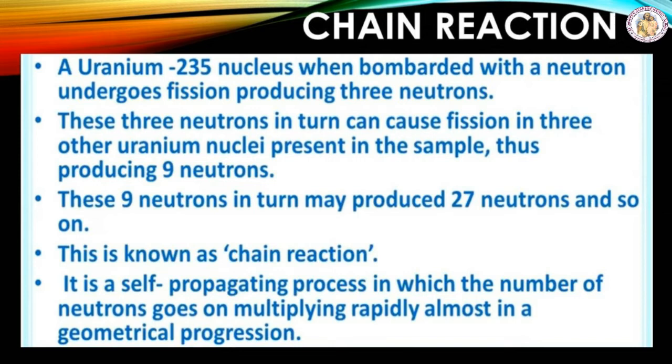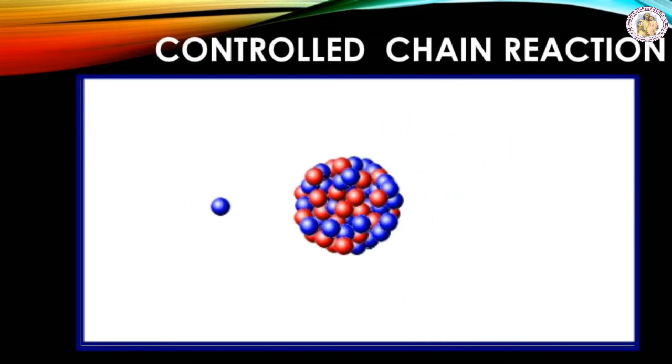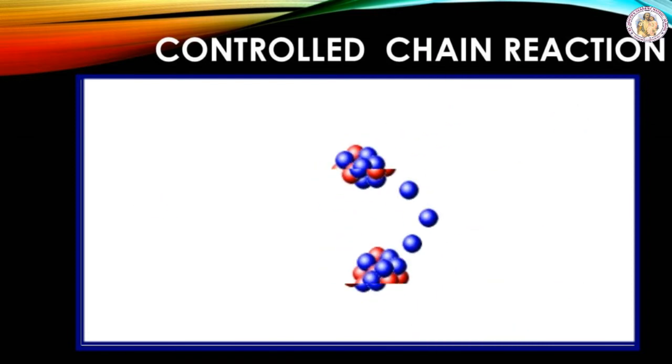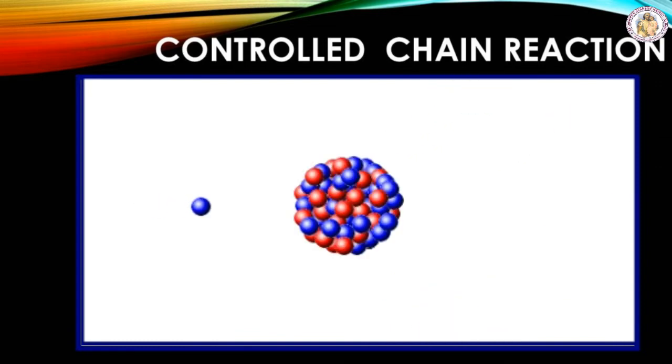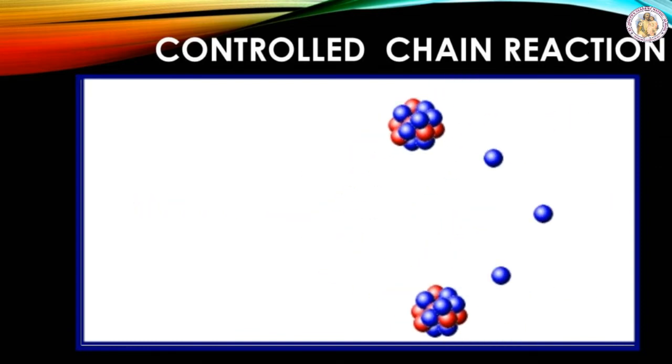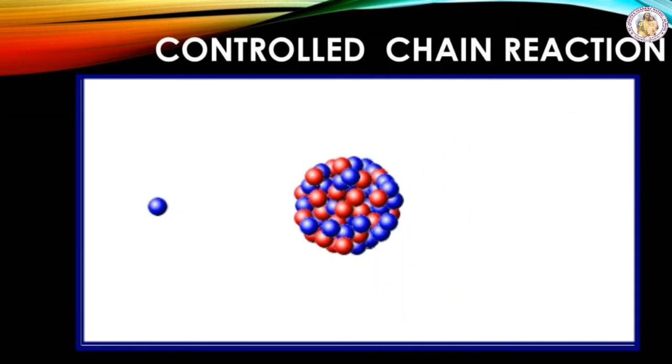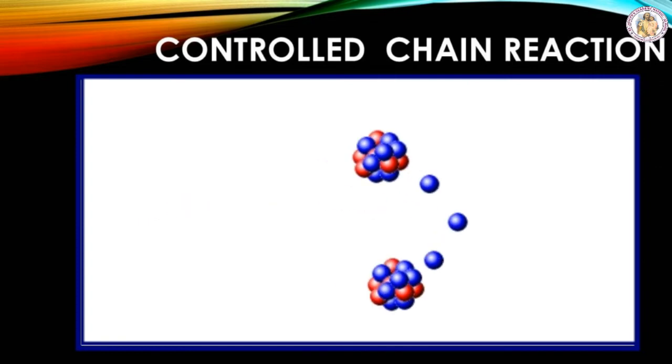It is a self-propagating process in which the number of neutrons goes on multiplying rapidly, almost in a geometrical progression. Controlled chain reaction: in a controlled chain reaction, the number of neutrons released is maintained to be 1. This is achieved by absorbing the extra neutrons with a neutron absorber, leaving only one neutron to produce further fission.